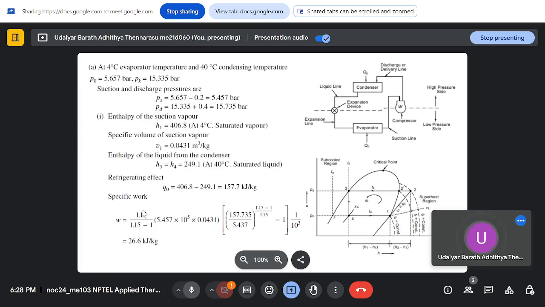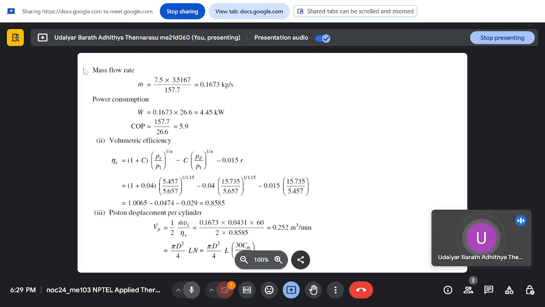So substituting into P V times n by n minus 1, times P2 by P1 raised to the power n minus 1 by n, minus 1, with my pressure 5.437 bar, my specific volume 0.0431, and the discharge and suction pressures, this is 15.735, not 157, so there is a mistake there. So 15.735 divided by 5.437, this gives you specific work as 26.6 kilojoule per kg.